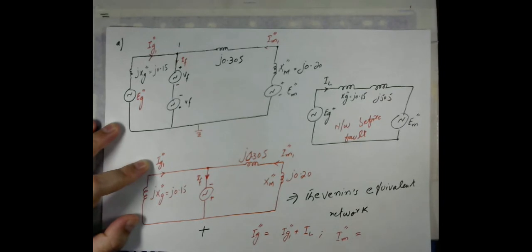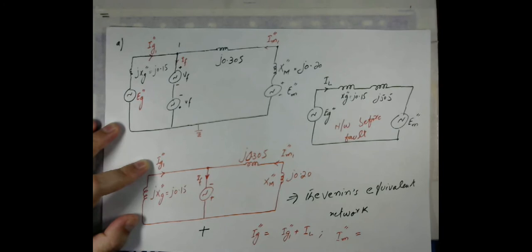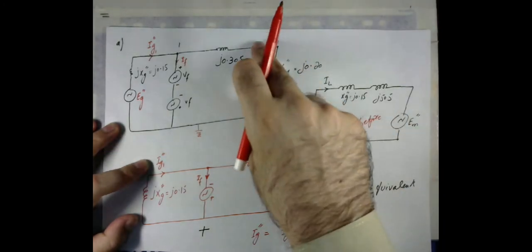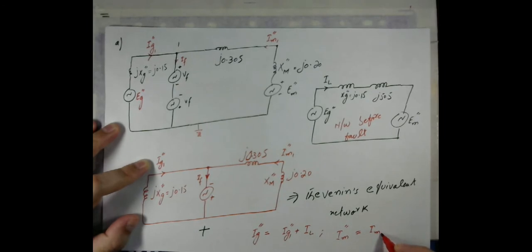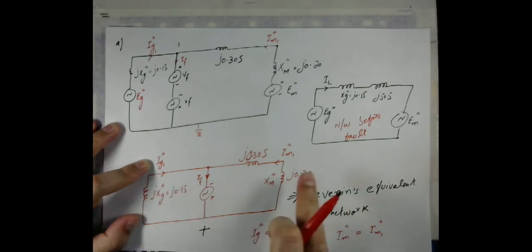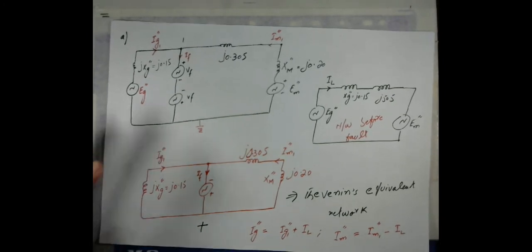That will be equal to the current during the fault, which is IM1 double prime, minus, since the direction of the current is opposite, the load current. So now I will find these values using these expressions.